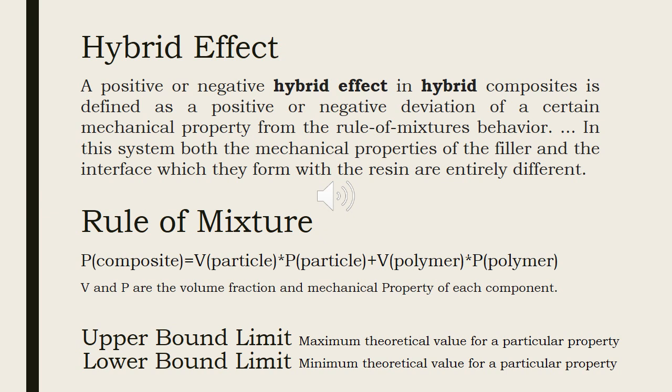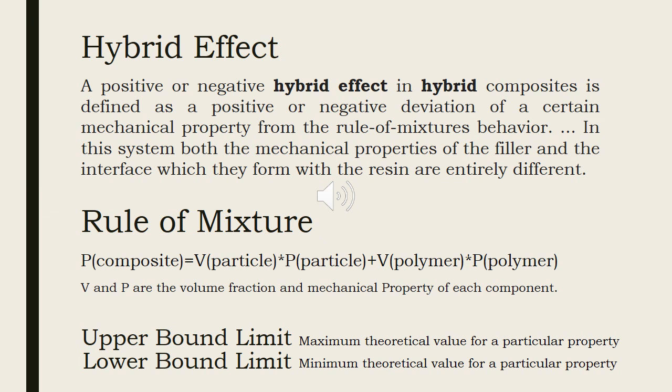In this system, both the mechanical properties of the filler and the interface which they form with the resin are entirely different. In material science, a general rule of mixture is a weighted mean used to predict various properties of a composite material.